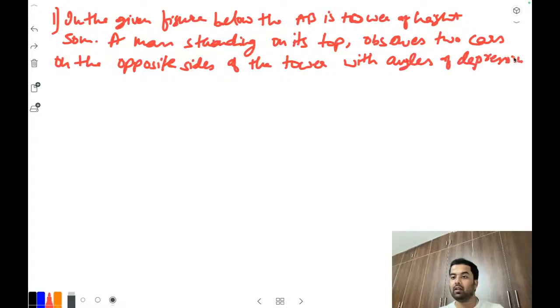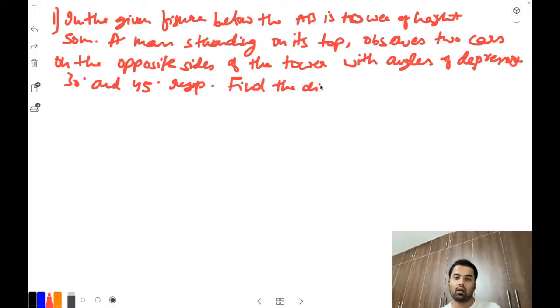See, angle of depression is used, which means the angle will go down. Angle of depression 30 degree and 45 degree respectively. Find the distance between two cars.